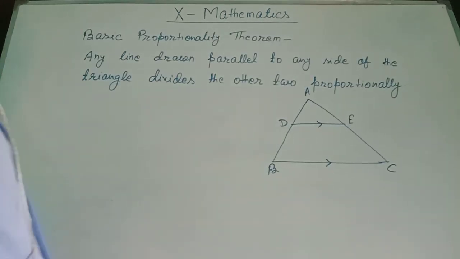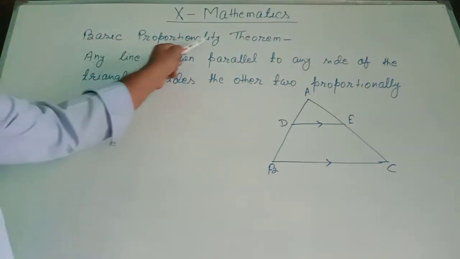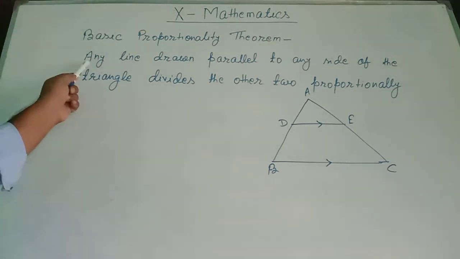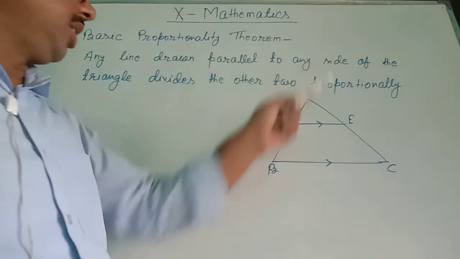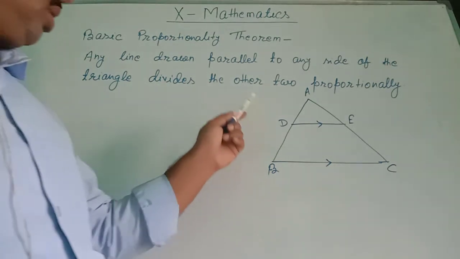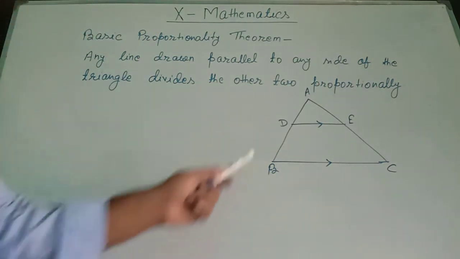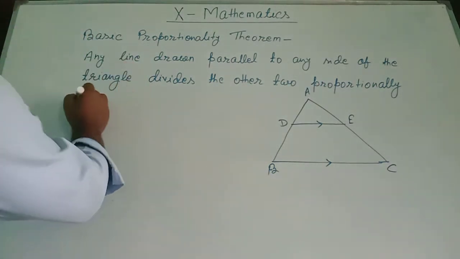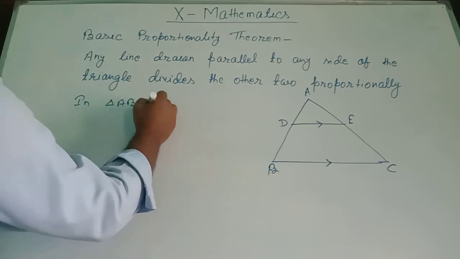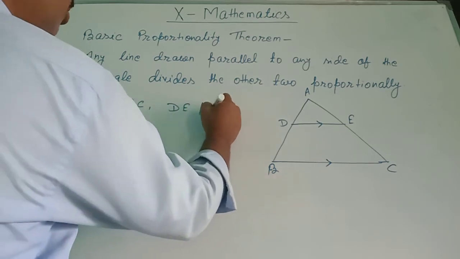One theorem is important in similarity, the basic proportionality theorem. This theorem states that any line drawn parallel to any side of the triangle divides the other two sides proportionally. In triangle ABC, DE is parallel to BC.